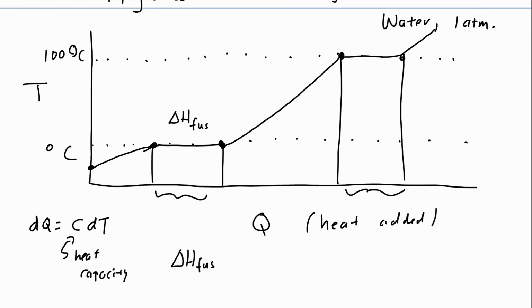If I had 1 mole, let's say this is the heat of fusion, so that if there was 1 mole of water, that would be the number of joules it would take to convert 1 mole of ice, a solid, to a liquid at that temperature, right? And this one here, delta H of vaporization.